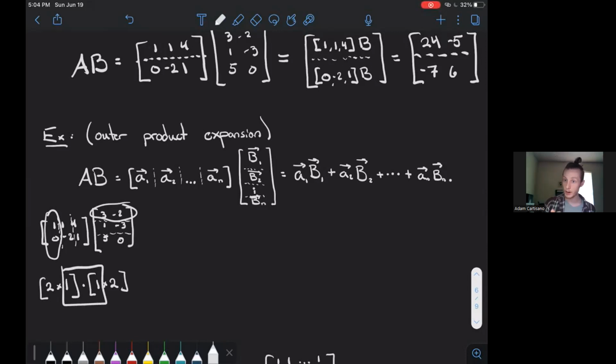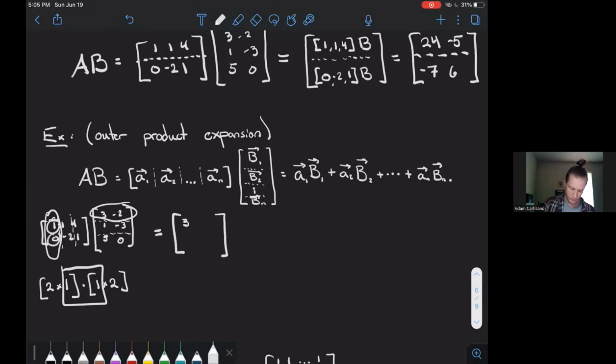And so this product is valid. But what is the size of the resulting matrix? It'll be 2 by 2. And the way that we do the multiplication is we take each row of A times each column of B. So the first entry of the column of A, 1, times the first entry of the row of B, 3, is 3.